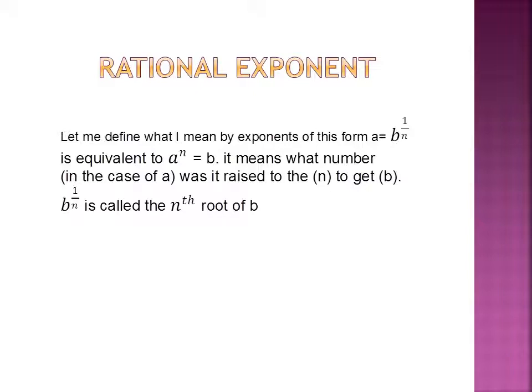So 3 to the power 2 is 9. So it means that the number 3 was raised to 2 to get 9. So b exponent 1 divided by n is also called the nth root of b, finding the root of b.